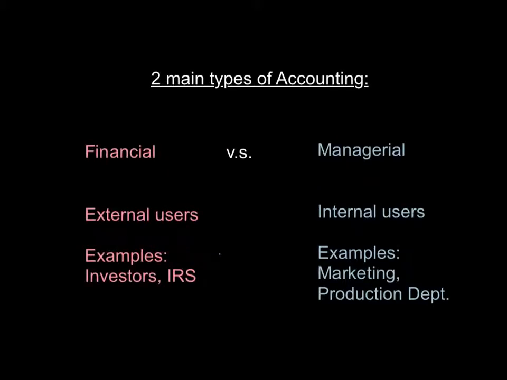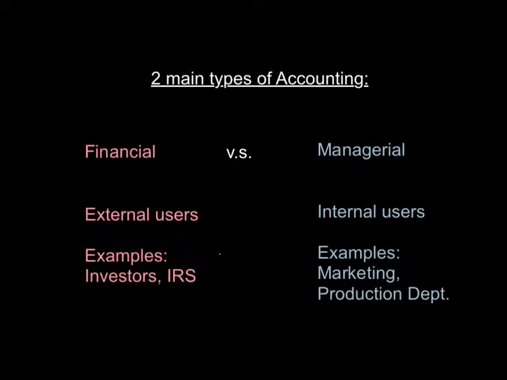Okay, so the first thing we should talk about when studying financial accounting is the difference between financial accounting versus managerial. Financial and managerial are the two main types of accounting discussed in this textbook because of the design they are used in practice.